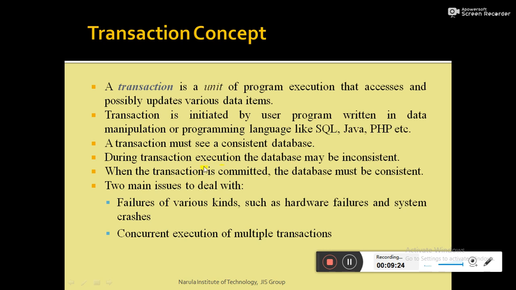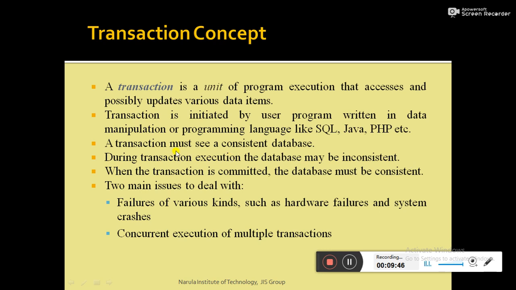Now during transaction execution, the database may be in inconsistent state. At the beginning of the transaction the database is in consistent state, but during transaction time, the database may be in inconsistent state temporarily.